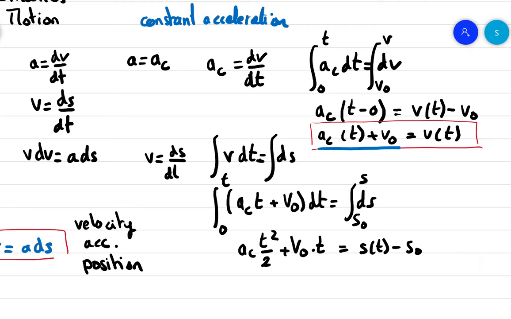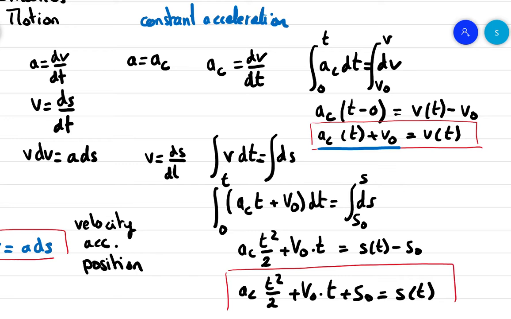So we can write that a_c times t squared divided by 2 plus v naught times t plus s naught equals s of t. So we have the formula for any displacement if we know that a_c is a constant acceleration. Now a_c is constant, v naught is the initial velocity, s naught is the initial displacement. The only thing that changes is the time.